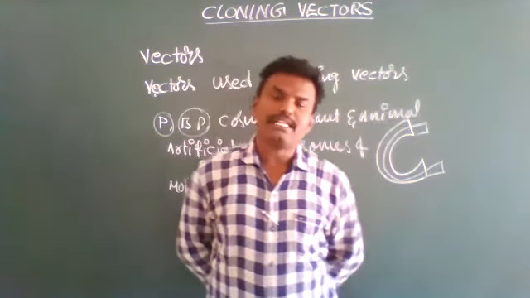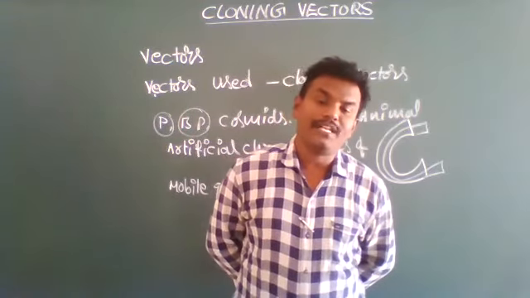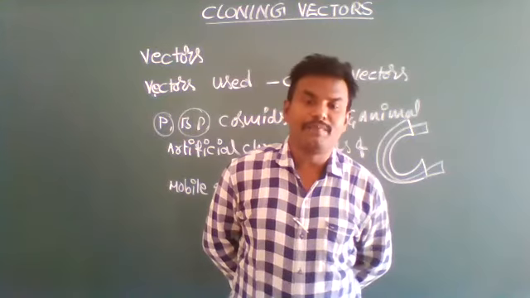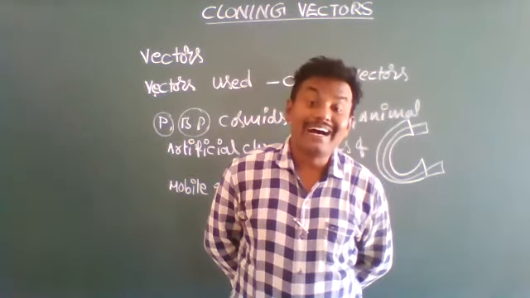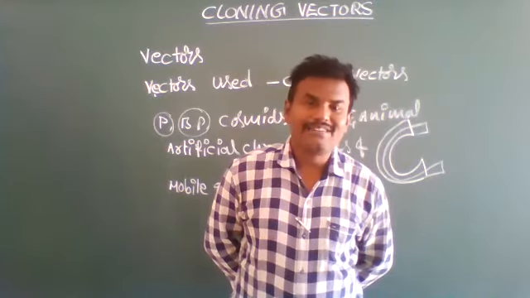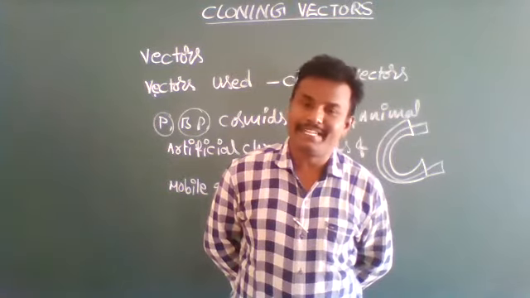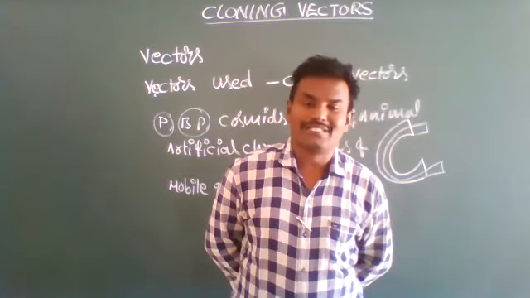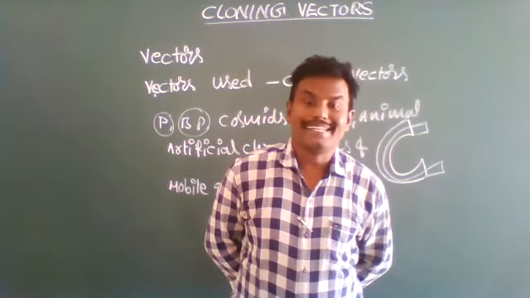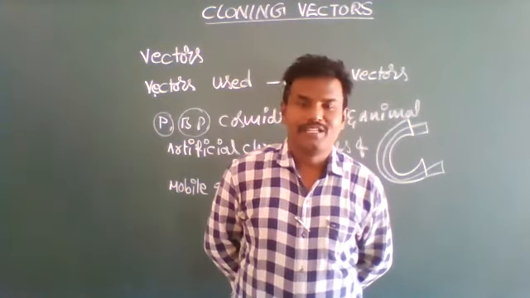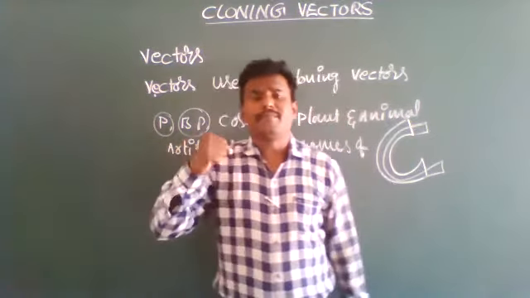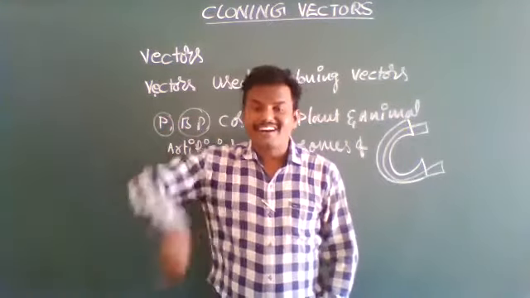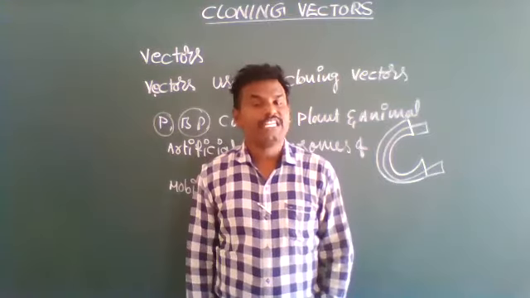The gene which causes harmful effects is eliminated, so that the organism cannot cause disease. That is called disarmed. Then they are used in genetic engineering.